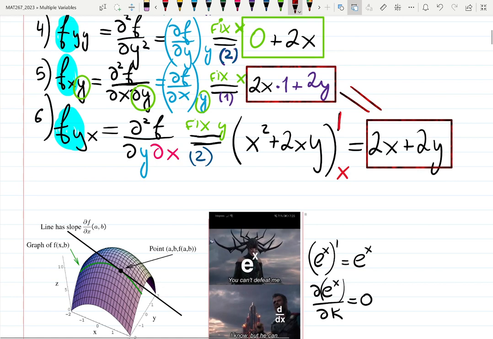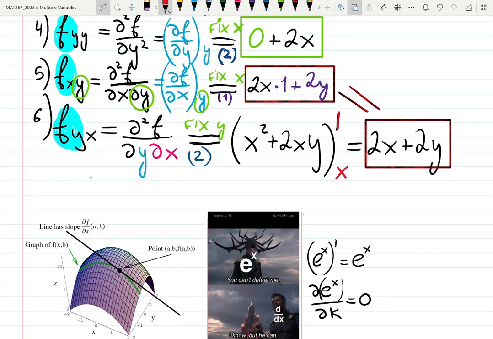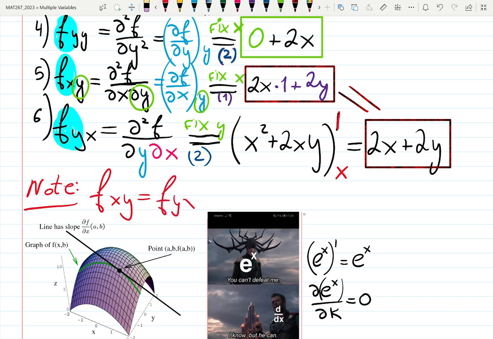Continuous. So, note: f xy equals f yx, and in higher dimensions too, if f is a continuous, nice function.